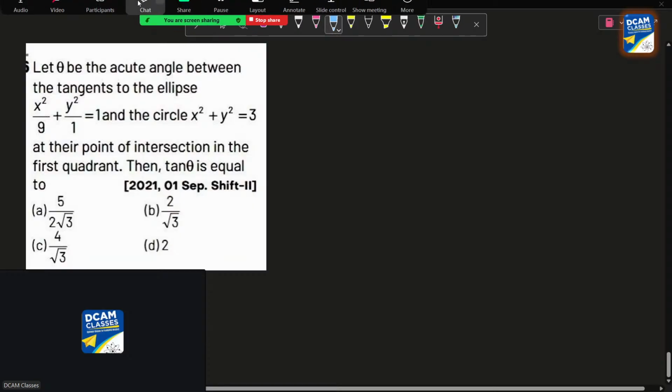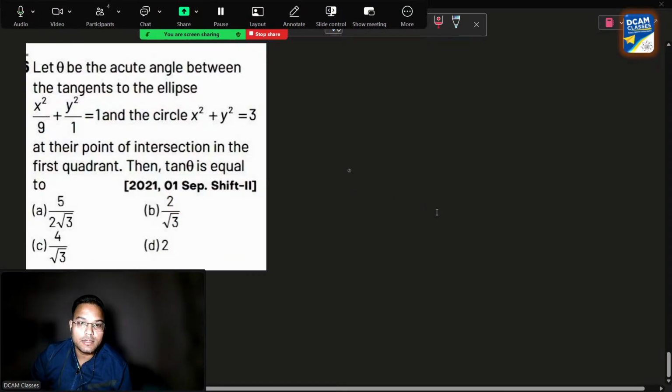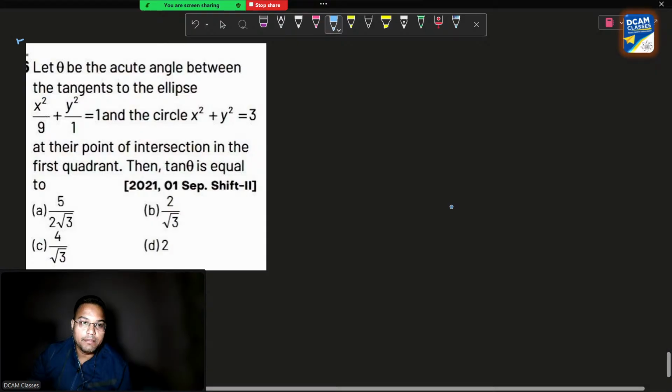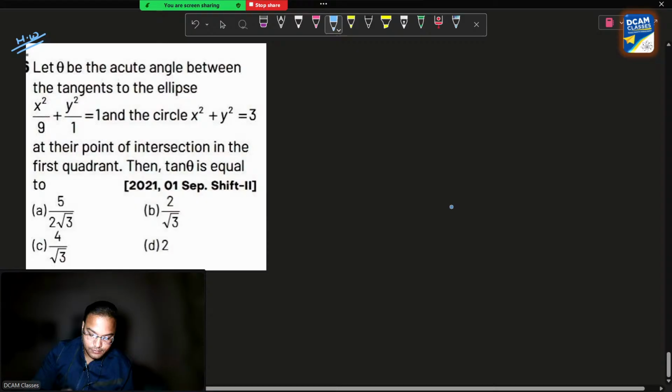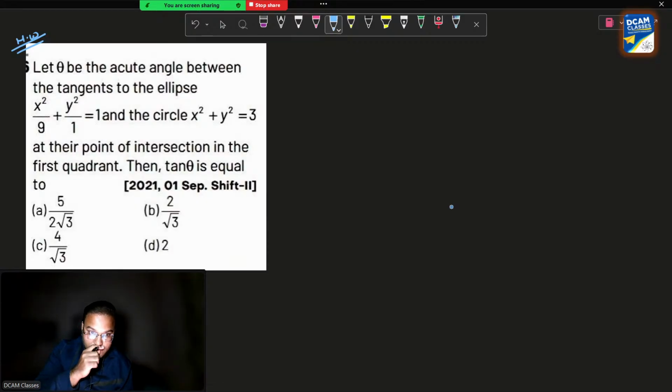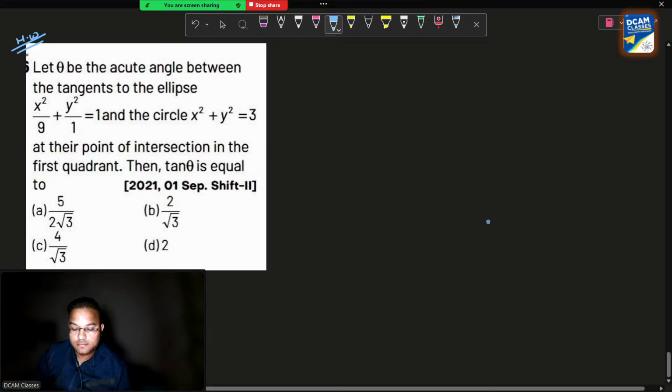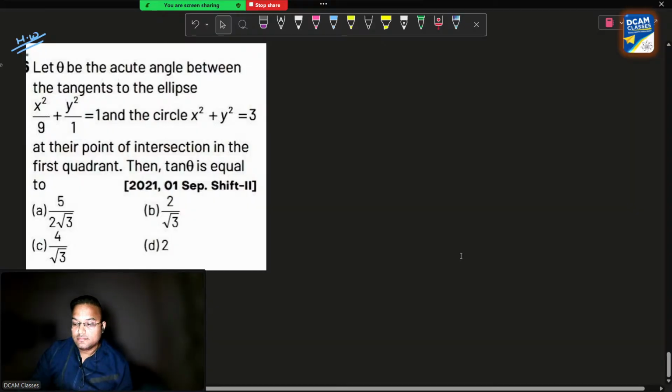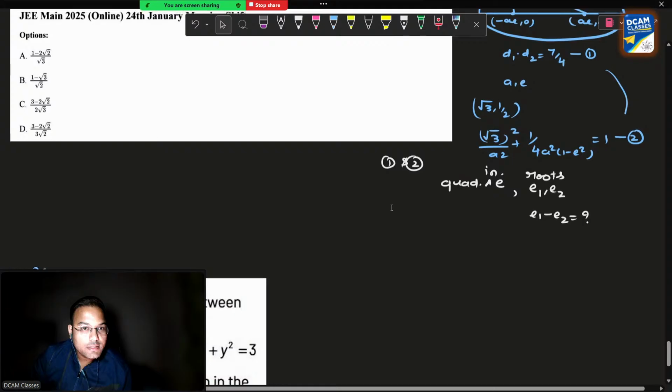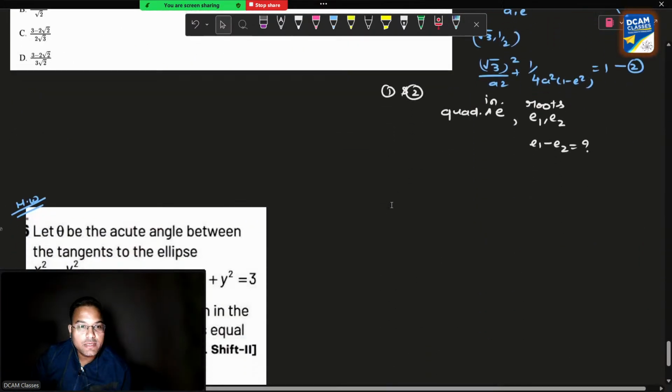I think I will have to give you this question as a homework again. Taking time. Did anyone of you get the answer? No, then take this above one and this one as a homework.